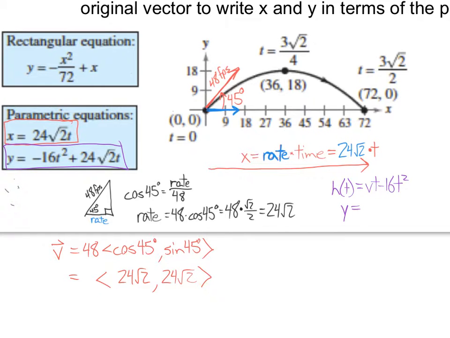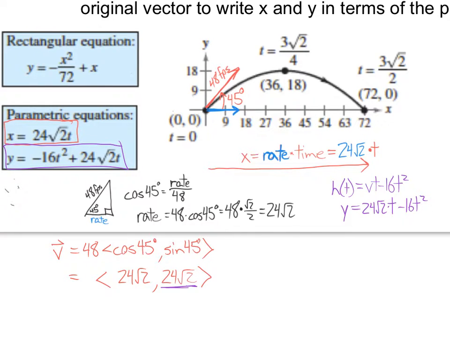Okay? However, what is v when we're looking at this vertical component? 24 root 2, okay? See here the rate, that's our v. So 24 root 2 times t minus 16t squared, that's where we got this vertical parametric equation, okay?